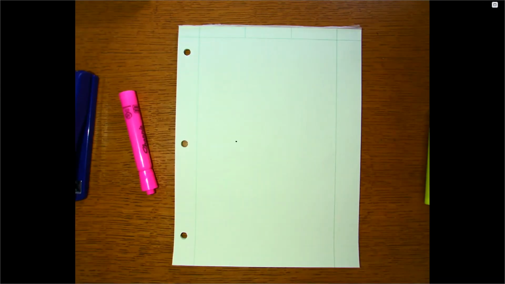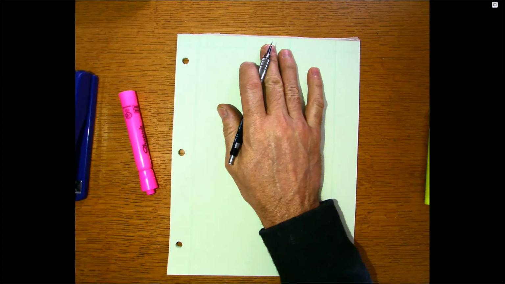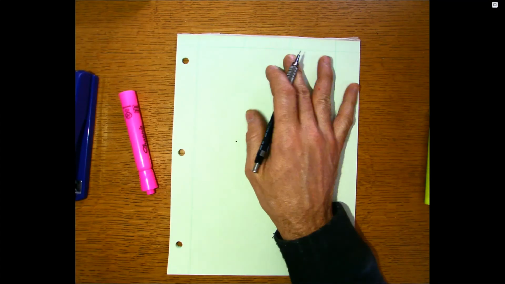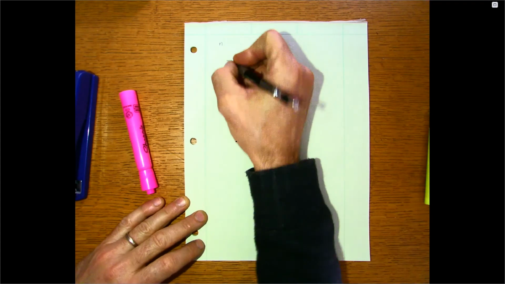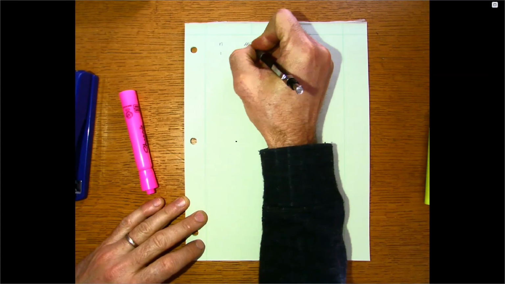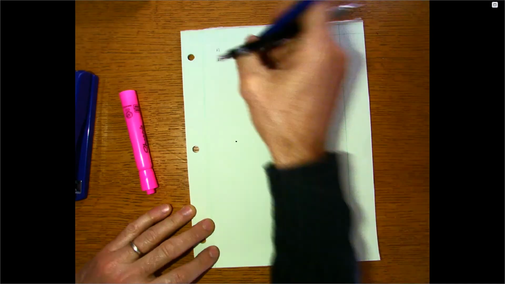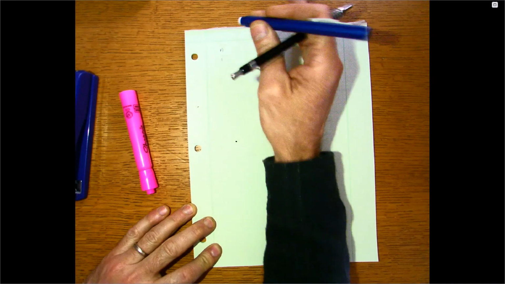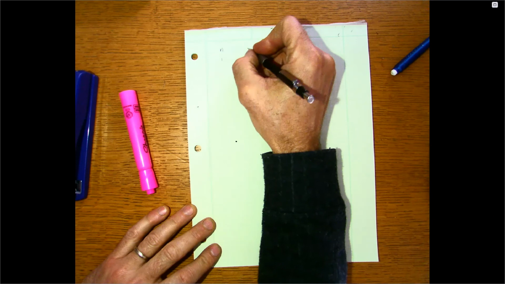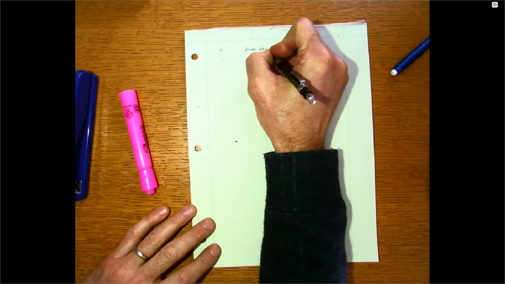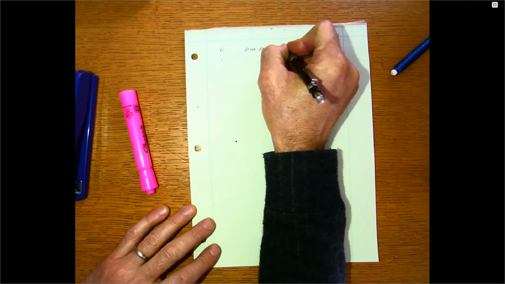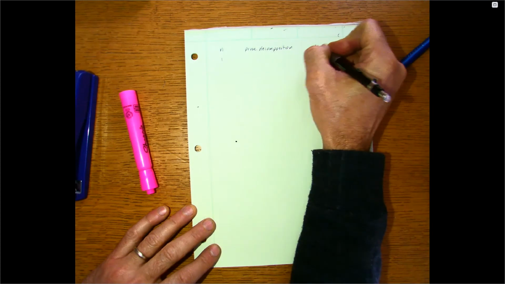So let's see, it might make sense to leave the prime decomposition in the middle, and then mu of n.